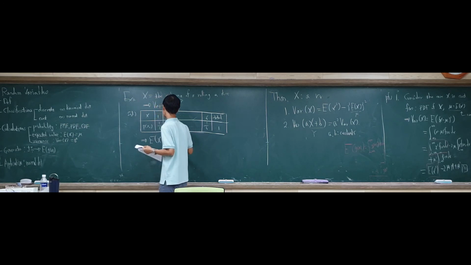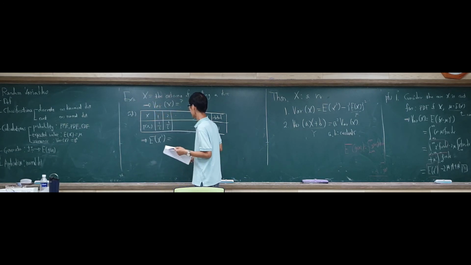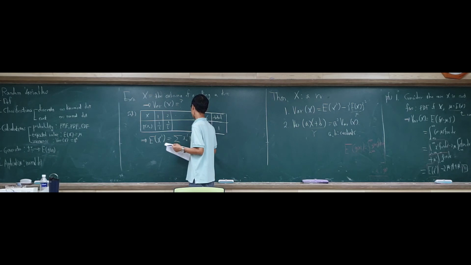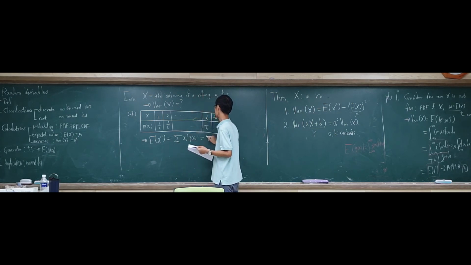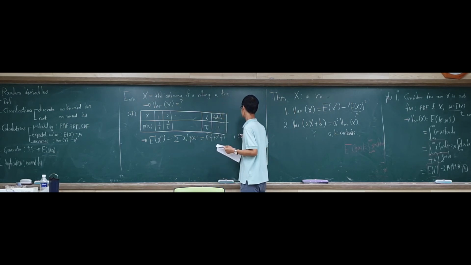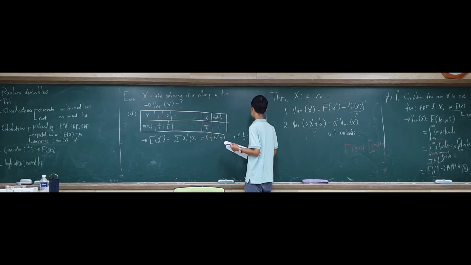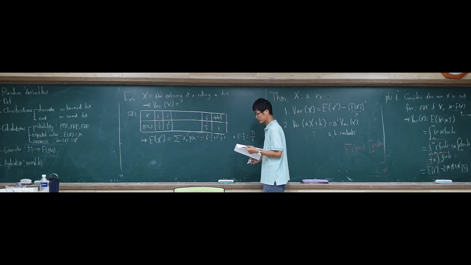E of X squared is calculated by the previous theorem, the sum of xi squared times p(xi), and so this is equal to 1 squared multiplied by 1 over 6 and 2 squared multiplied by 1 over 6 and so on, up to 6 squared multiplied by 1 over 6, and this becomes 91 over 6.